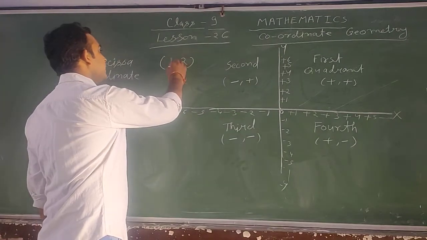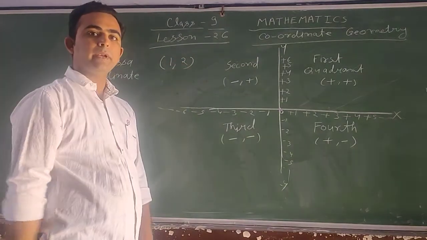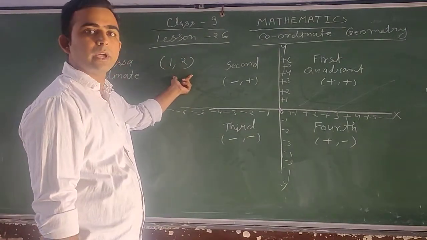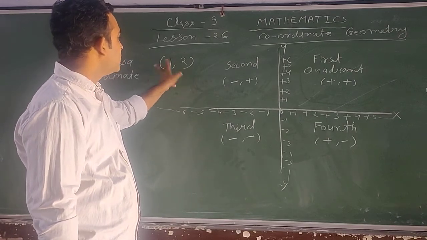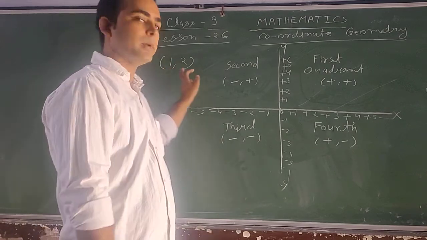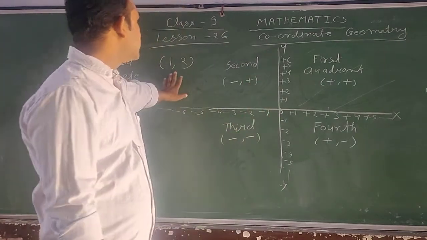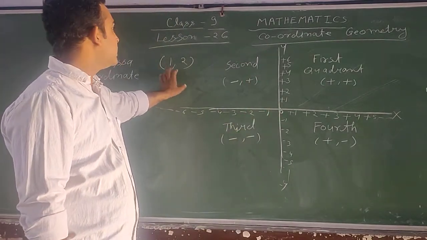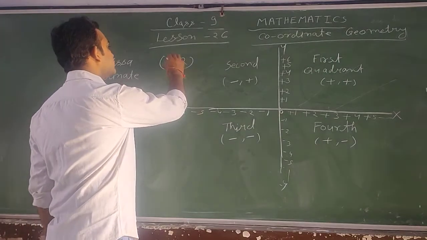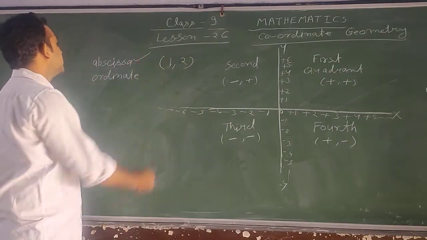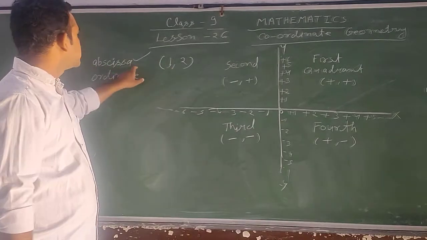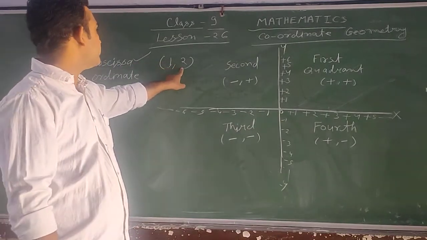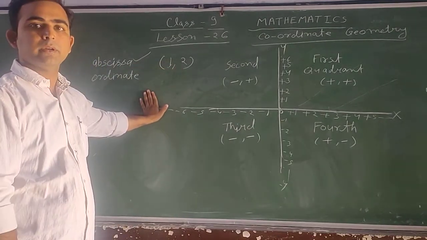This 1 and 2 are called the elements and this group is called the ordered pair. If we write two numbers in brackets with a comma, 1, 2, that is the ordered pair, and this first number is called the abscissa and the second number is called the ordinate.